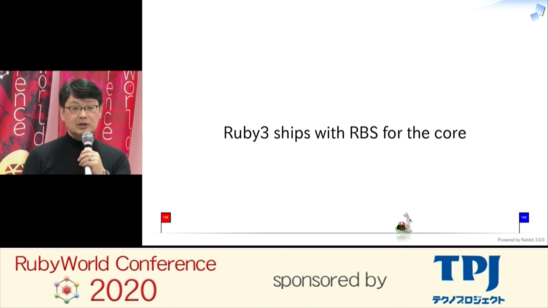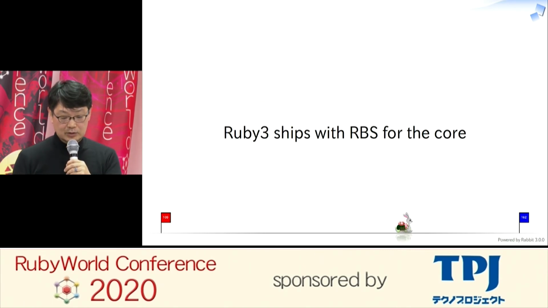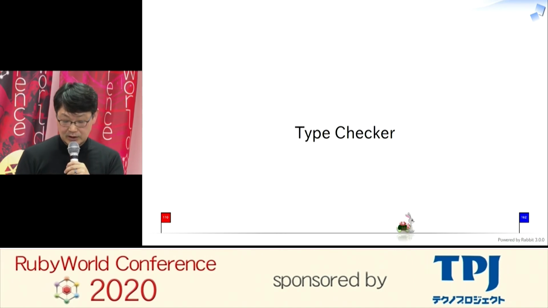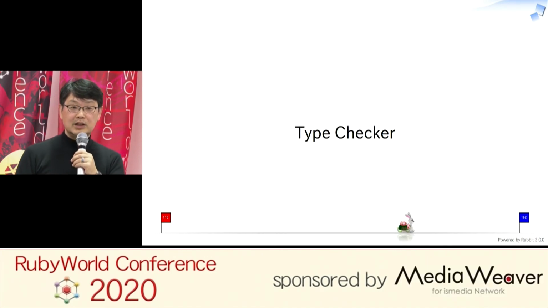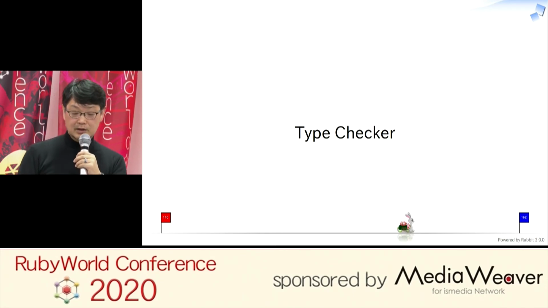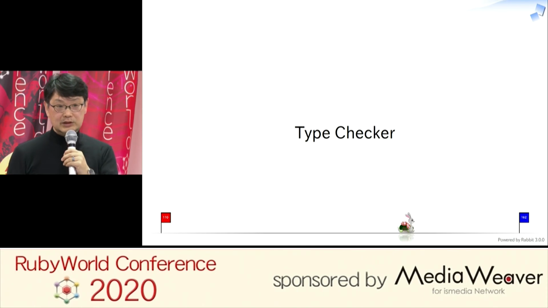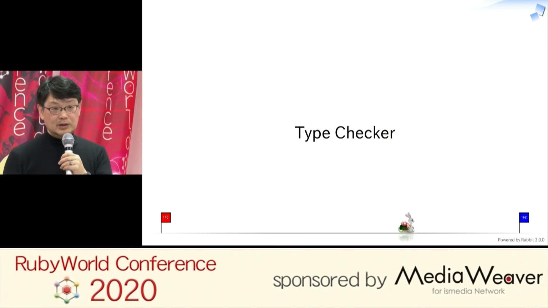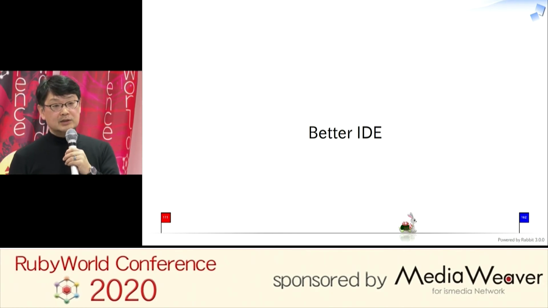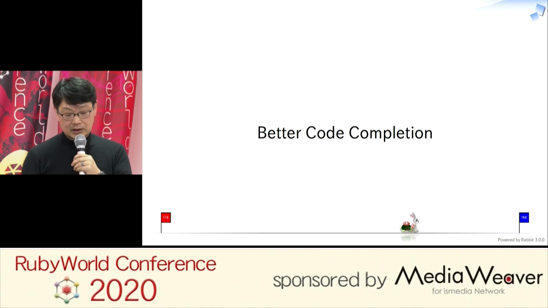Here, Ruby 3 ships with RBS for the core standard library, and we have a type checker for Ruby, and IDE integration can utilize this.